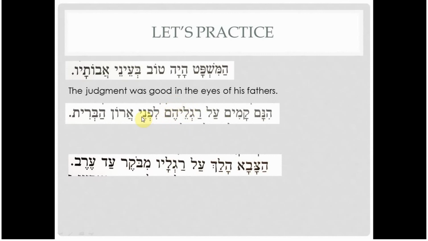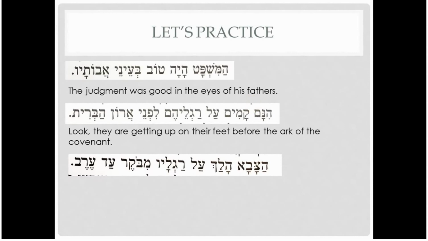Then lifnei, of course, means before or in front of. Aron is a newer noun that refers to the ark, and in this case it's Aron habrit, so we have the Ark of the Covenant, the ark of Indiana Jones fame. So let's see what we can do with this. This is hine plus the masculine plural pronoun, and this is the participle kamim, referring to the action of rising.